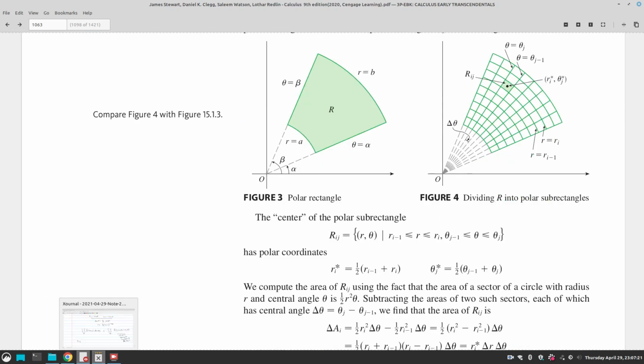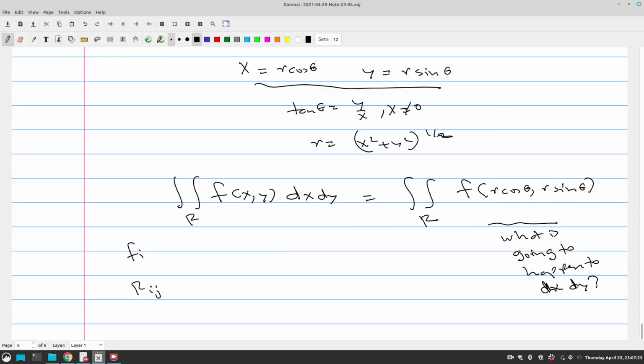R_ij is the rectangle with r going from r_{i-1} to r_i, and of course theta going from theta_{j-1} to theta_j.